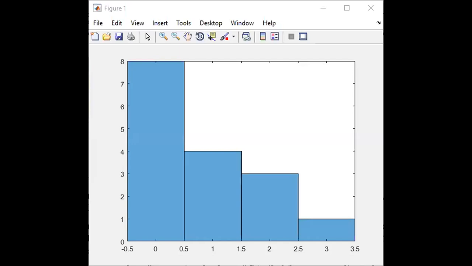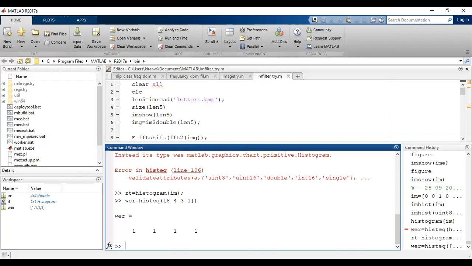Now, of what are those values? 8, 4, 3, 1. Okay, sorry.